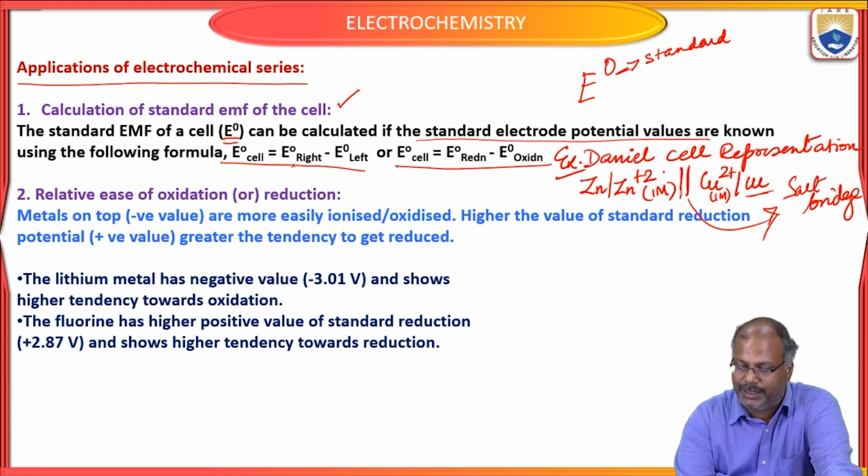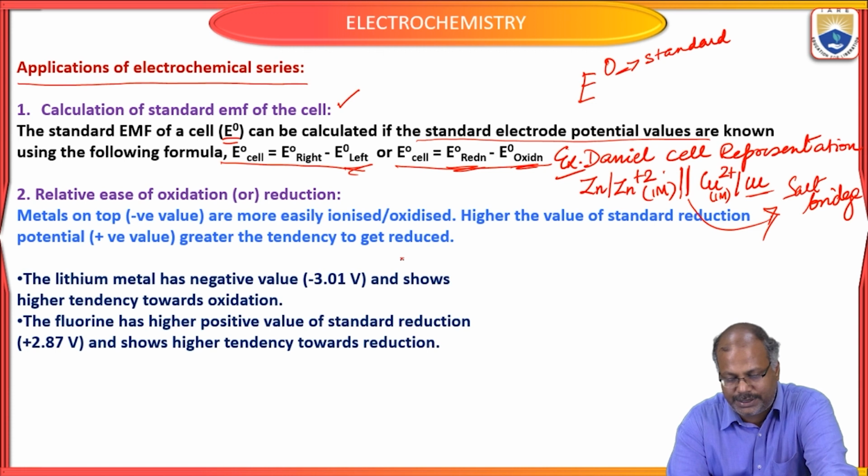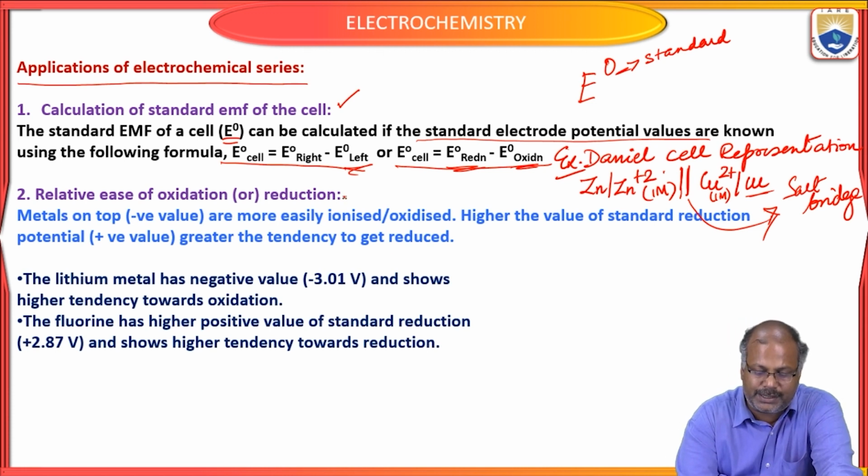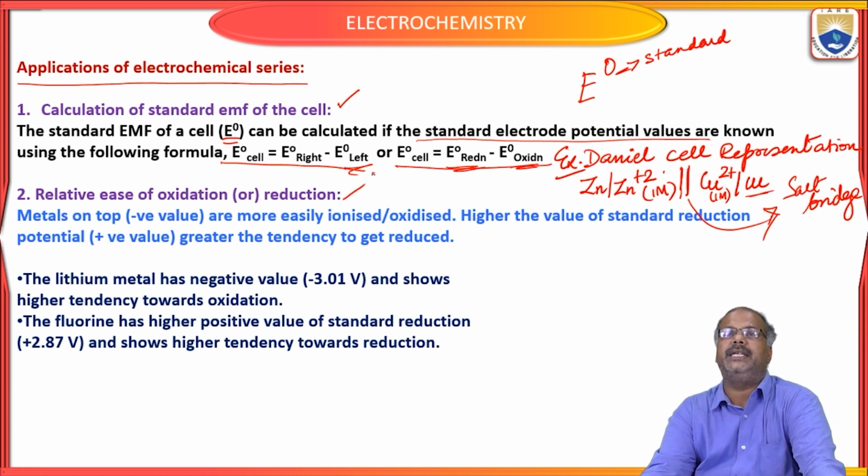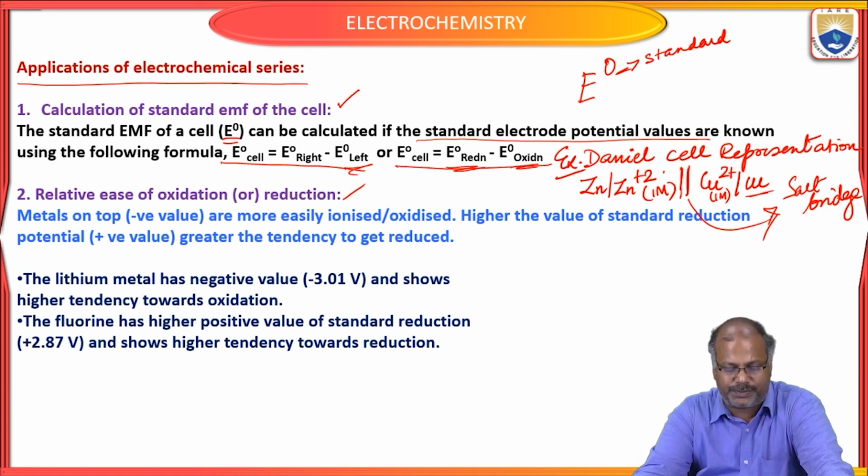So E right means E naught of reduction, and E naught left means E naught of oxidation. So the standard EMF of the cell is equal to the standard reduction potential of the reduction reaction minus the standard reduction potential of the oxidation reaction. The next application is the relative ease of oxidation or reduction.